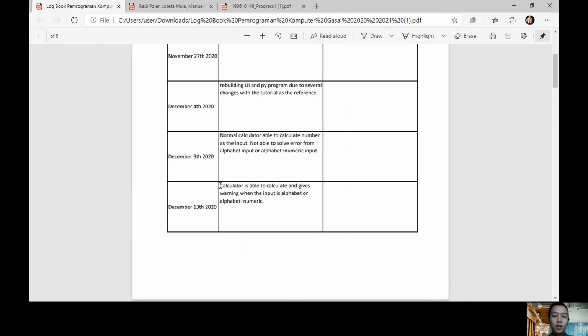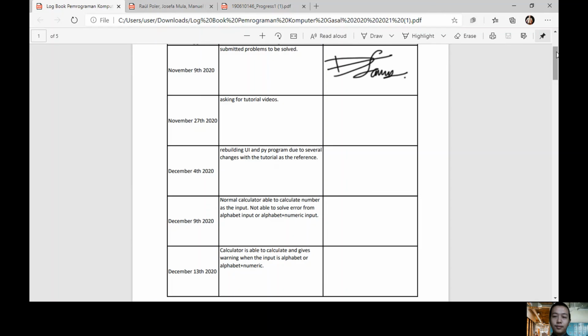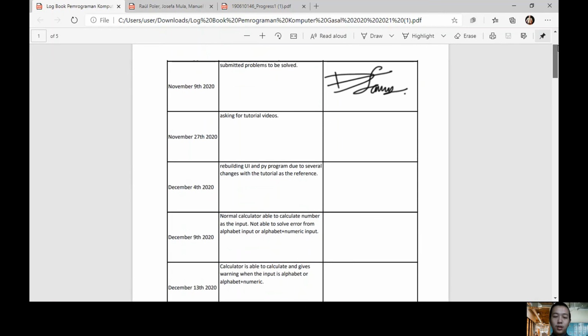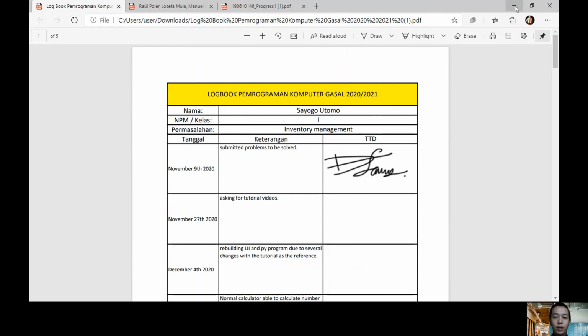And in the recent progress, it is able to handle alphabet and alphanumeric input, but it will give warnings as shown before. So yeah, this is the recent progress. This is the logbook of my computer programming progress.